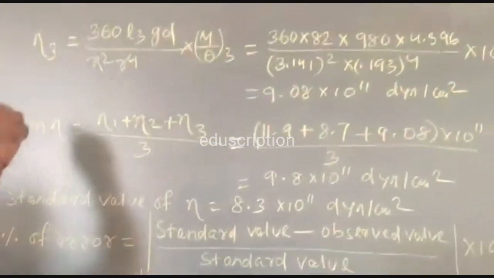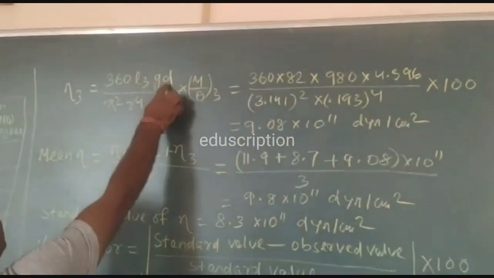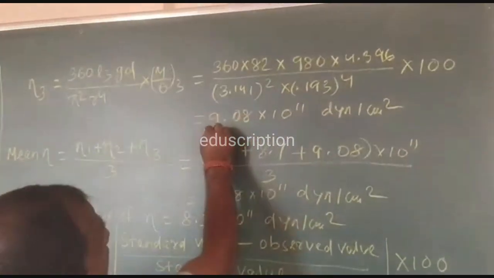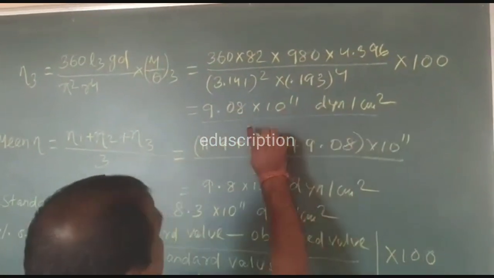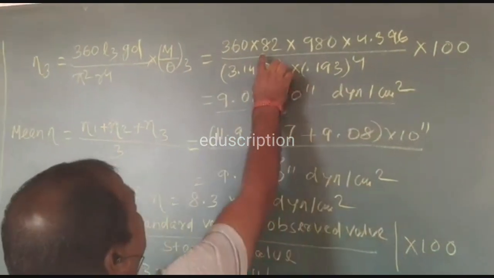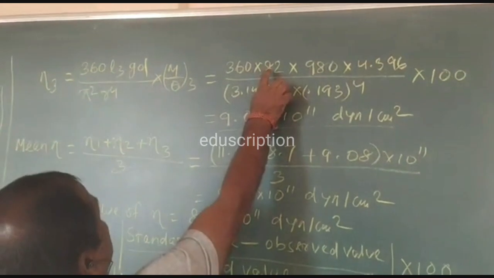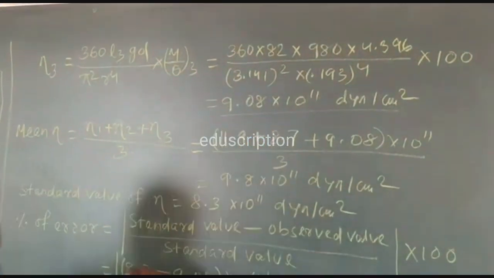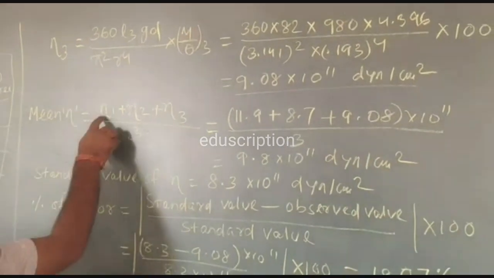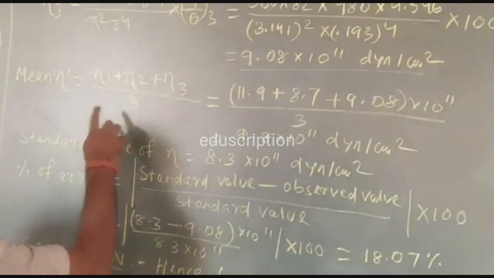See here, eta 3 is your 360 L3 GD by pi square r to the power 4 into m by theta 3, that is your 9.08 into 10 to the power 11 dyne per centimeter square, where your L3 is 82.